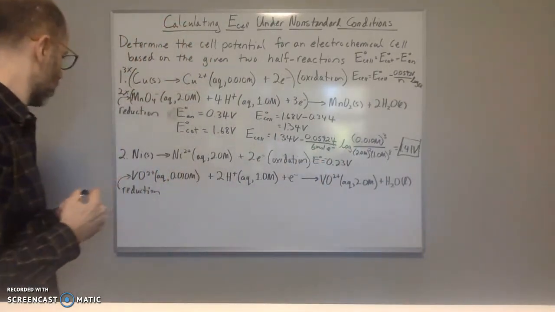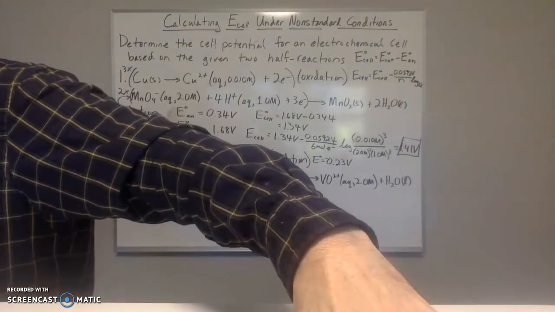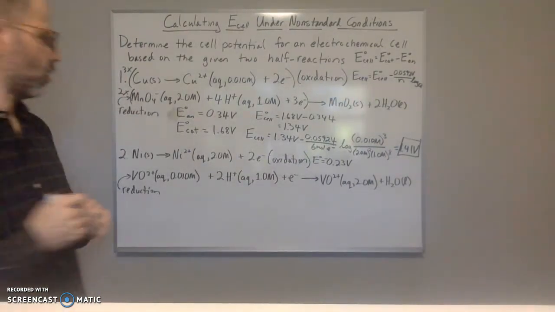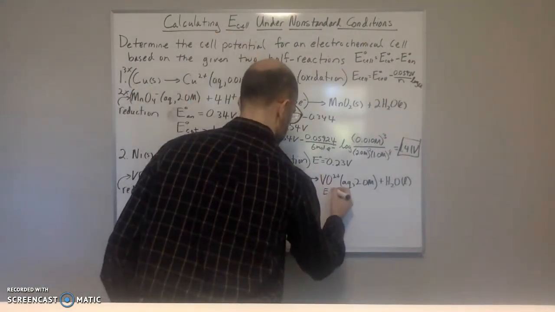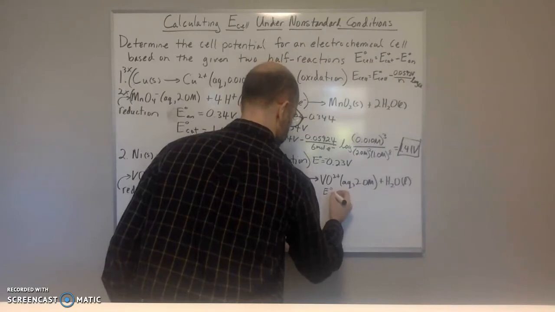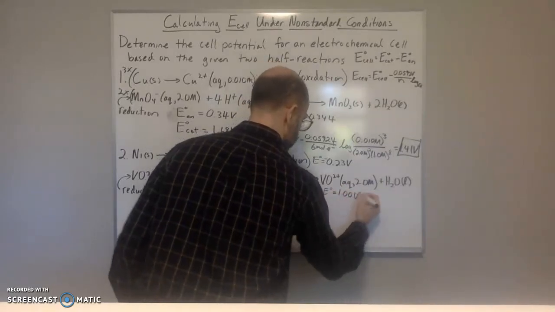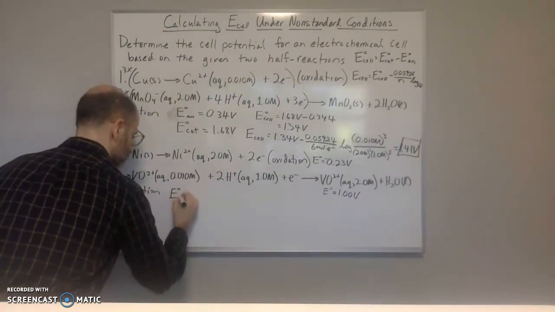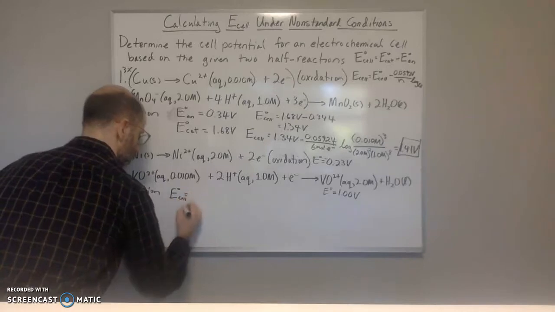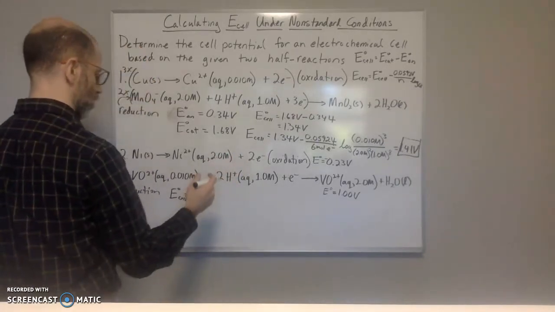And then for this one, that's going to be 1. So this one is going to have a standard electrode potential of 1.00 volts. So the standard cell potential is going to be equal to cathode minus anode.